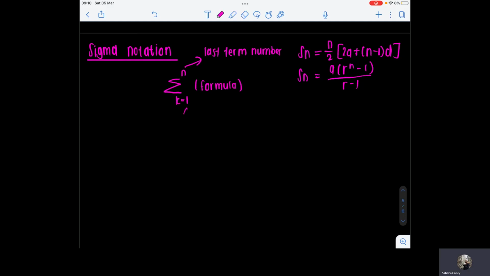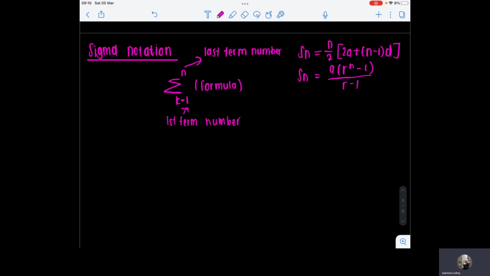This tells you the first term number. And then whatever comes after the sigma notation is your formula, so it tells you what kind of series we're looking at.